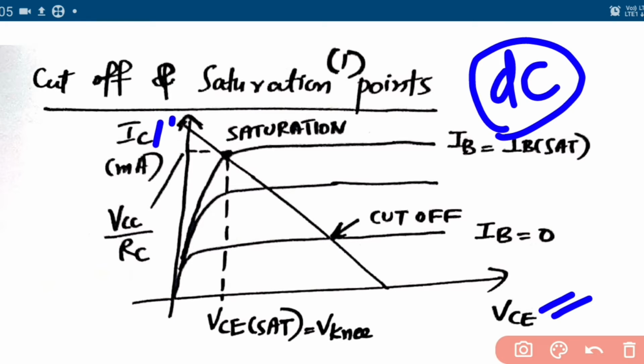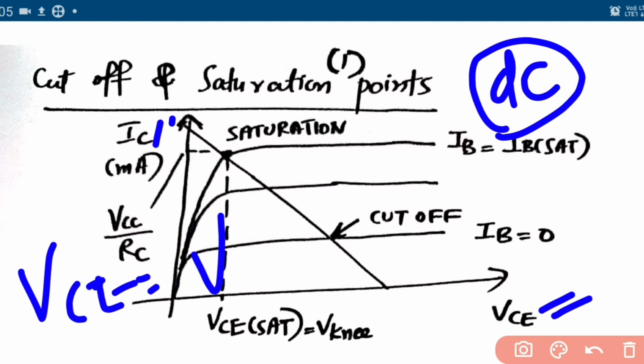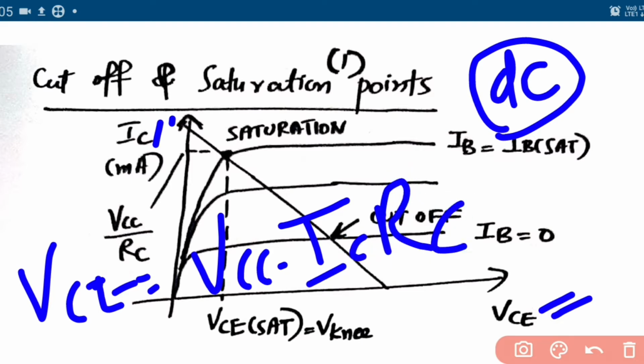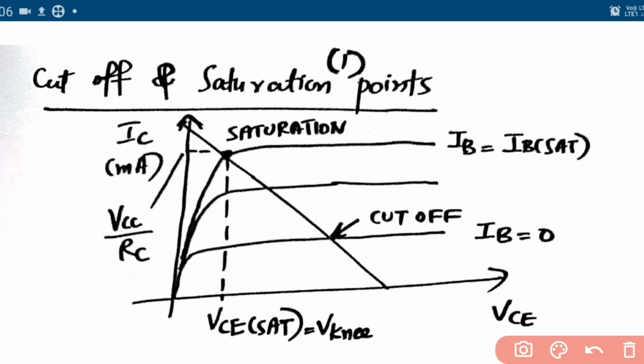And using the equation, we know the equation is this: VCE equal to VCC minus IC RC. So using this, we had drawn the DC load line. So that is shown here. This is the DC load line here.